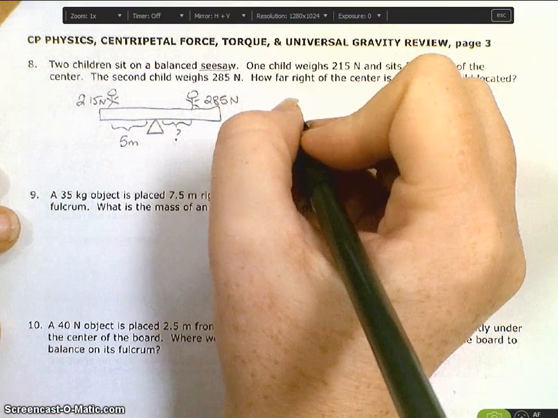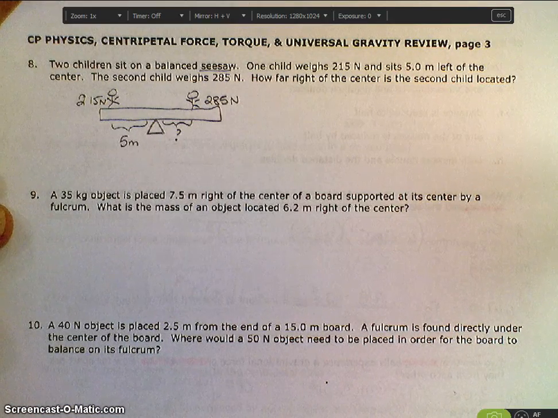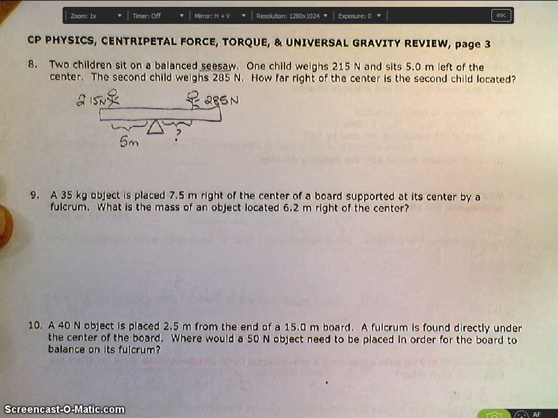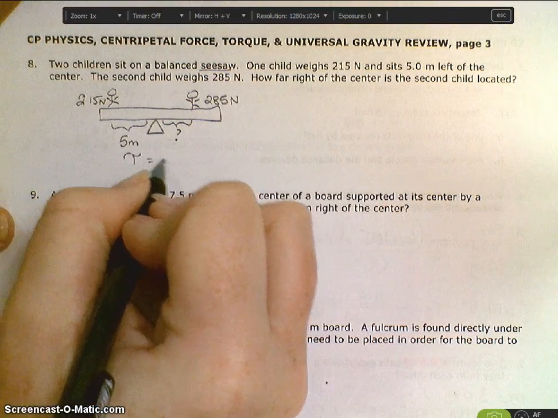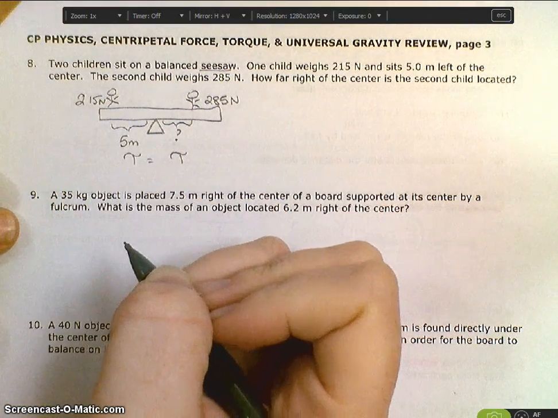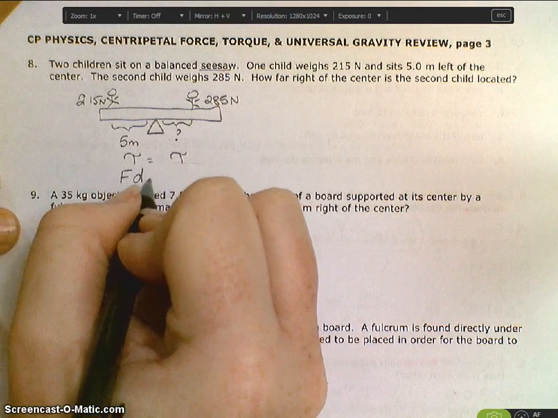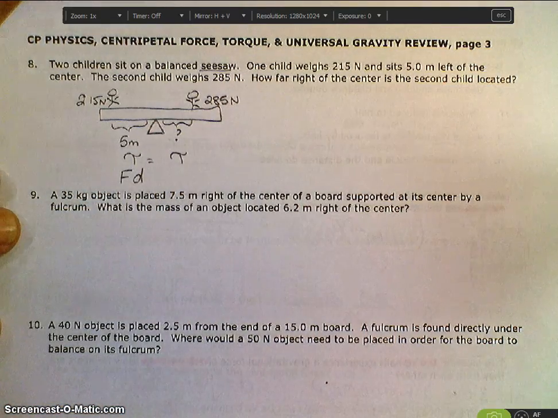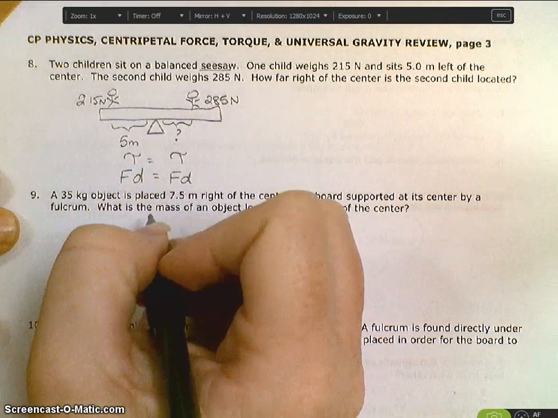If we remember, the idea of rotational equilibrium is that we have to have the same torque on both sides. So torque over here equals torque over here. The equation for torque is force times distance. So force times distance on the left equals force times distance on the right.